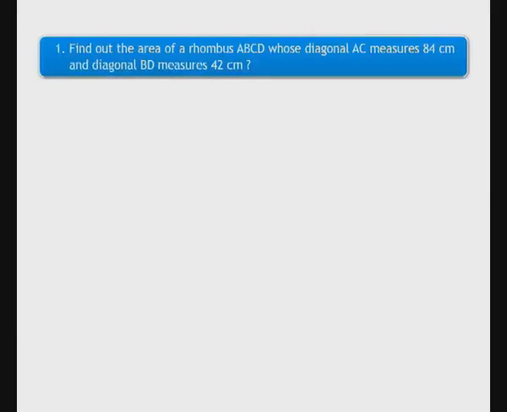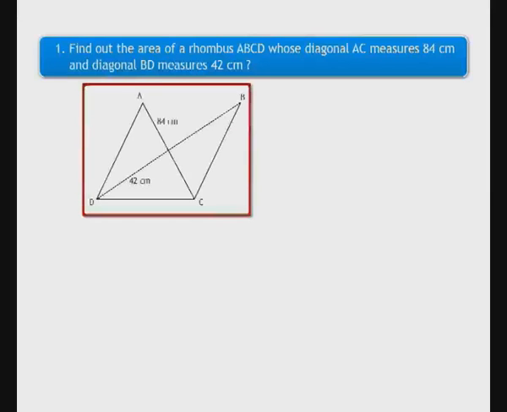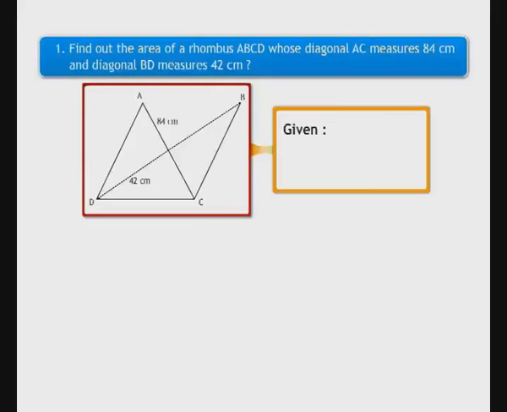As usual, first write down the formula. Area of a rhombus is equal to 1 upon 2 into product of the lengths of the diagonals. By substituting, we get 1280 is equal to 1 upon 2 into 64 into length QS.